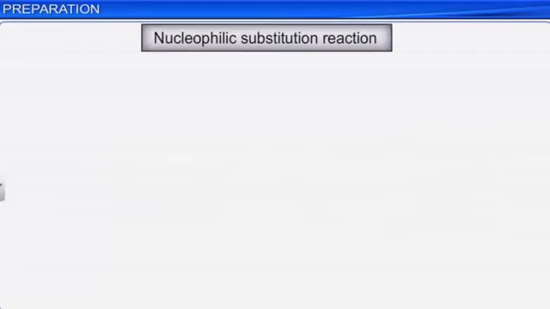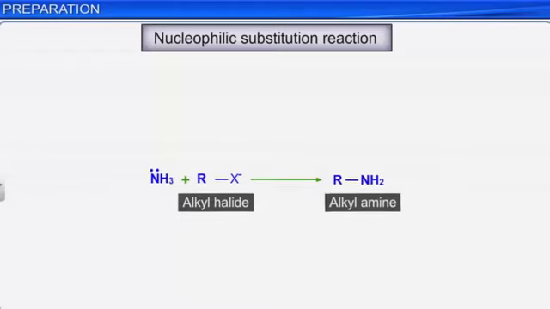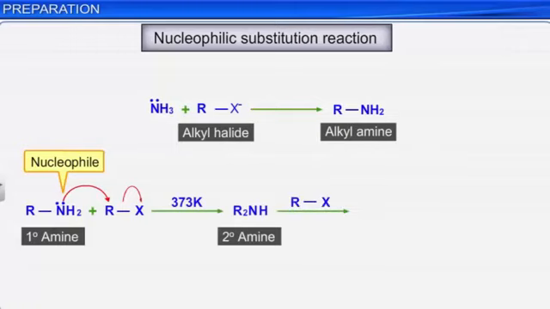This is a nucleophilic substitution reaction where the halogen atom is substituted by the amino group. The primary amine thus obtained acts as a nucleophile and reacts further with more of alkyl halide to form secondary and tertiary amines as well as quaternary ammonium salt.